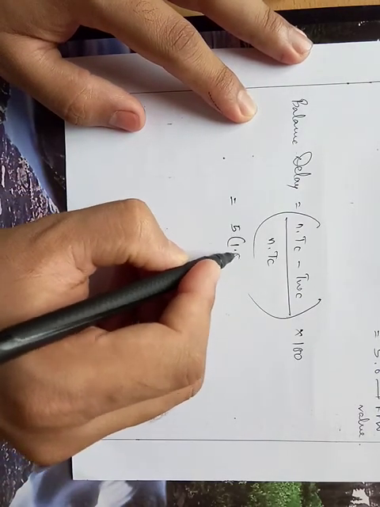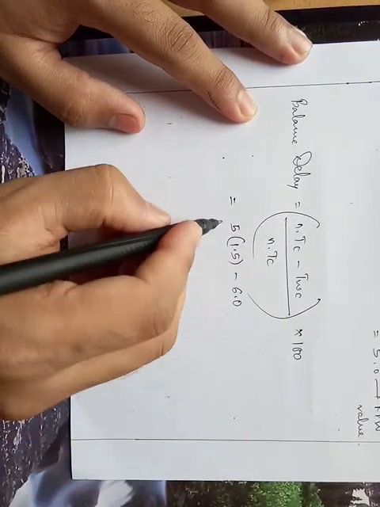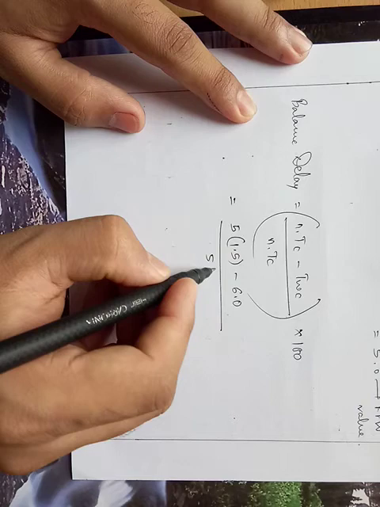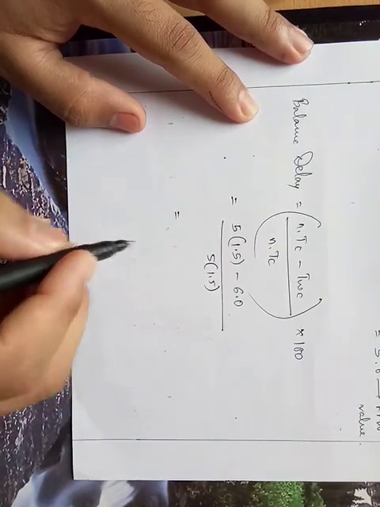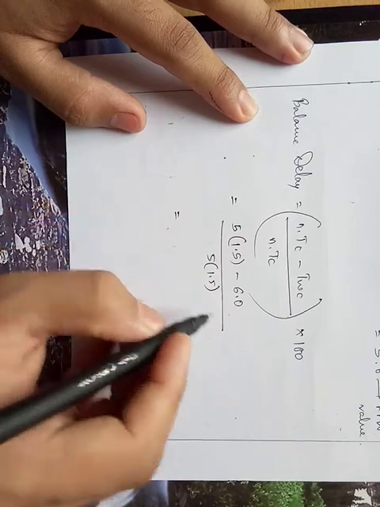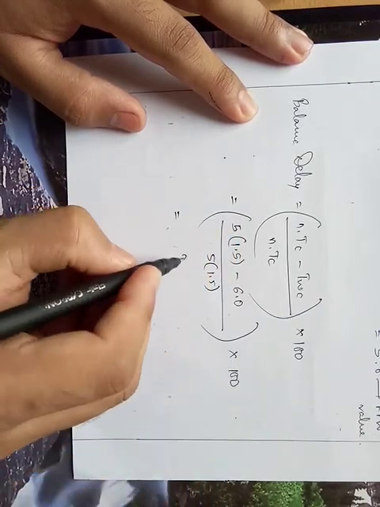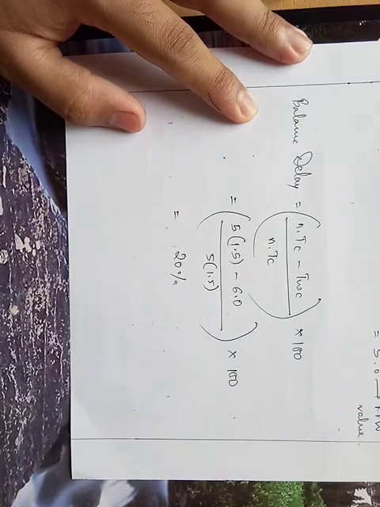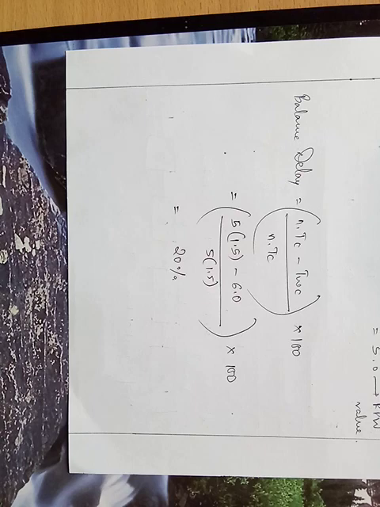Cycle time is 1.5. Total work content time in this particular problem is 6 minutes. So 5 into 1.5, into 100. So balance delay is 20%. Right? So that's it for today's session. Thank you.